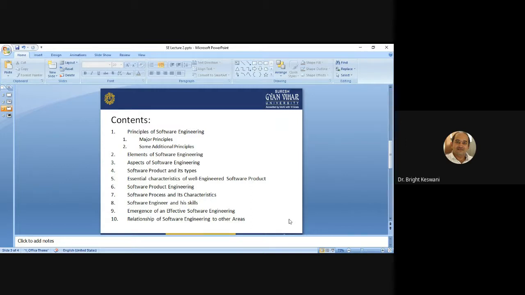So the third principle is give products to customers early, not at the final stage. Because at the final stage, if some changes are requested by the customer, you cannot provide the desired solution to the customer.